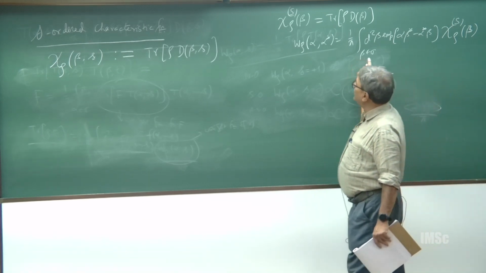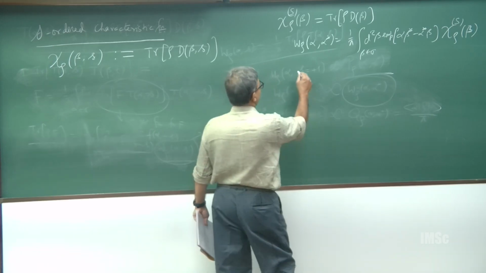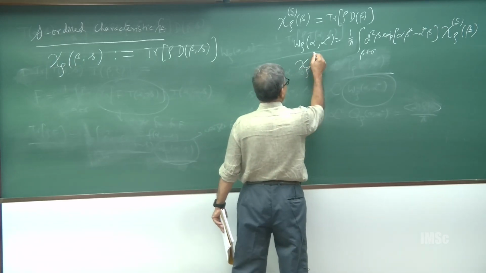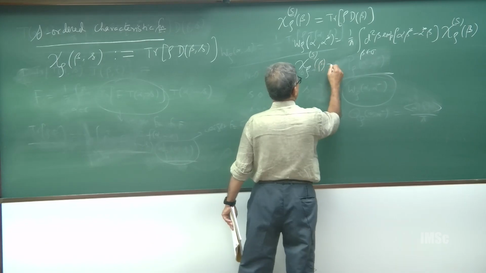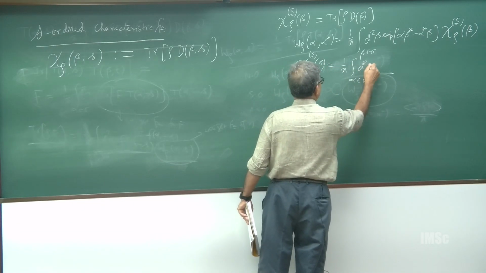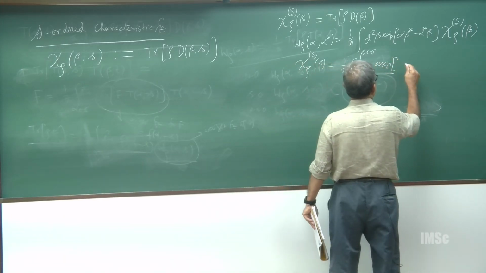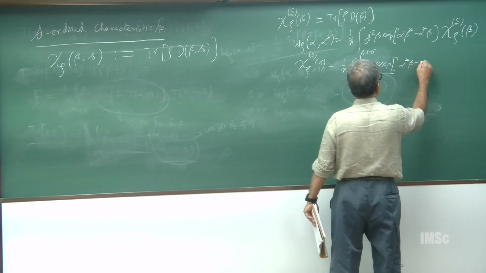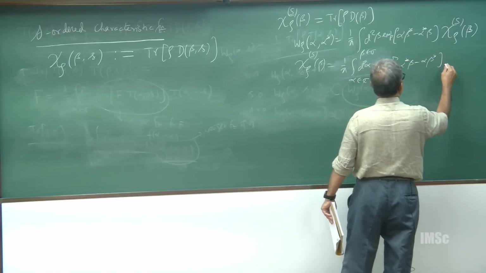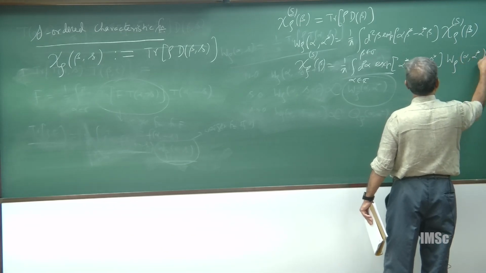Okay. And then you can do the inverse Fourier transform also. So, you can do chi rho S beta is equal to 1 upon pi, alpha belonging to C, d square alpha, exponential of alpha star beta minus alpha beta star, then this is the Wigner function of alpha star. Okay.